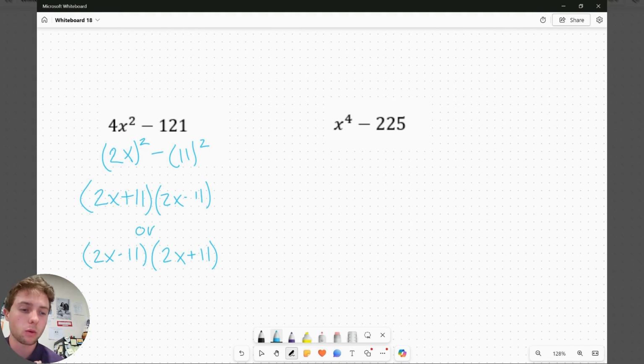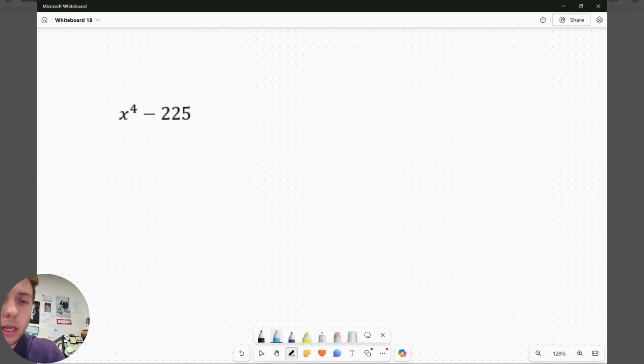This next one's a little bit weirder. We have x to the 4th minus 225. So one thing we might need to note is we've been taking x and squaring it. We're saying that's the same thing as x squared. Well, x on the inside technically has an exponent of 1. So what we're doing is we're giving x this multiple exponents idea, x to the first and to the second.